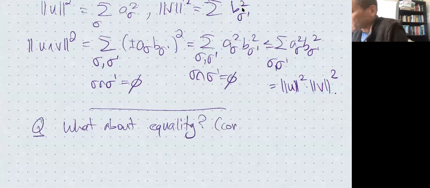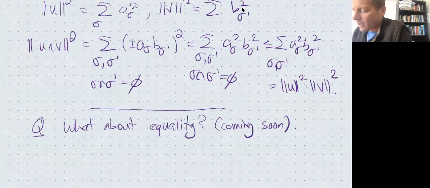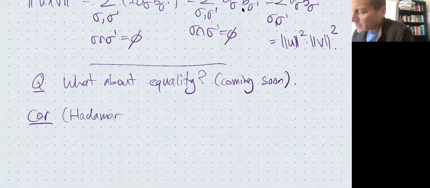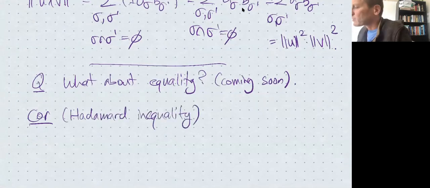So this is a teaser. Let's get a corollary from this, which settles a debt that I had from our previous lecture. In the previous lecture, I mentioned something called the Hadamard inequality, which is a very simple fact.